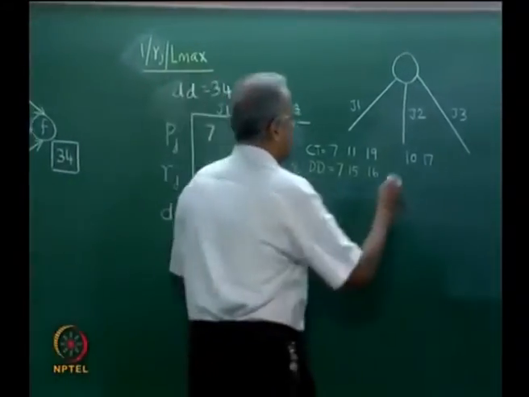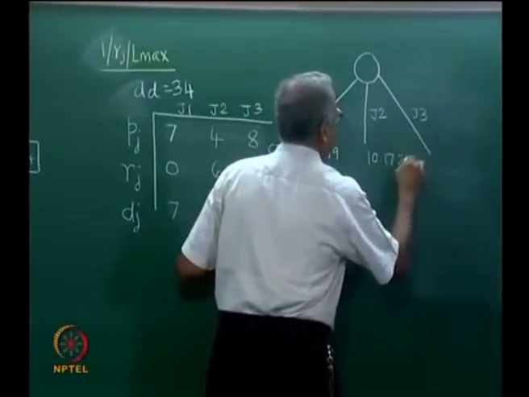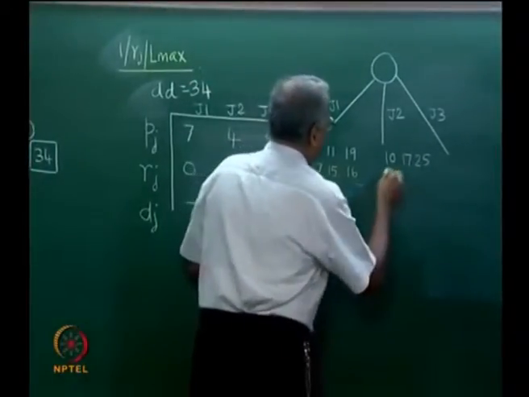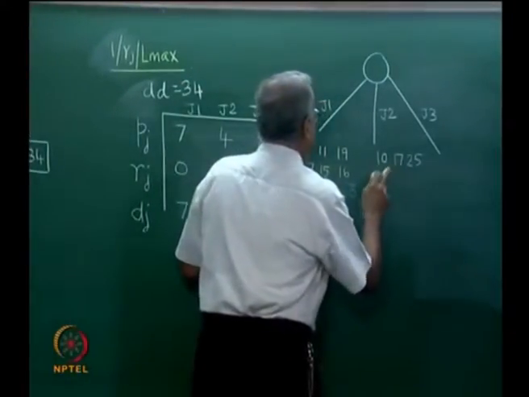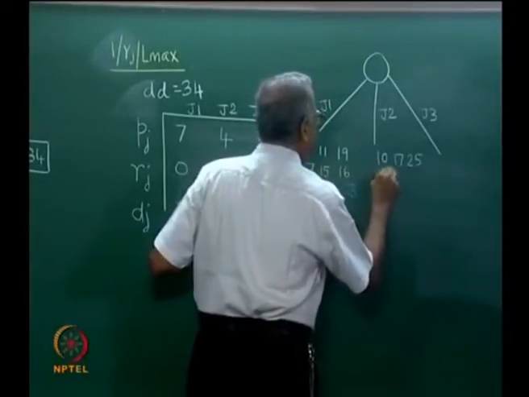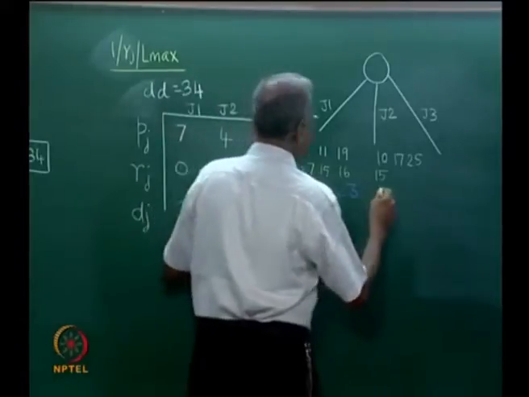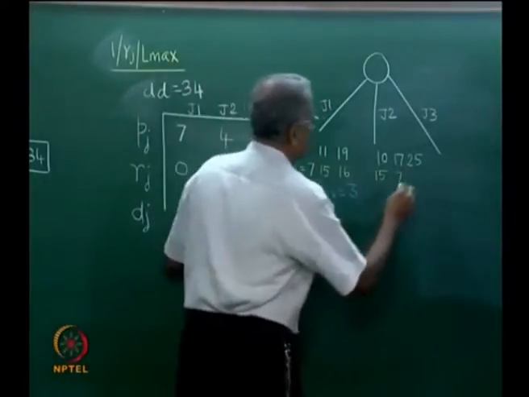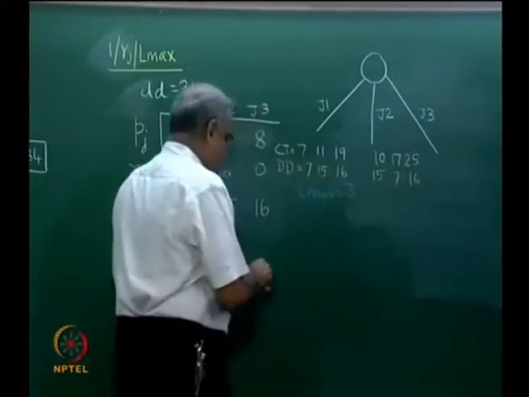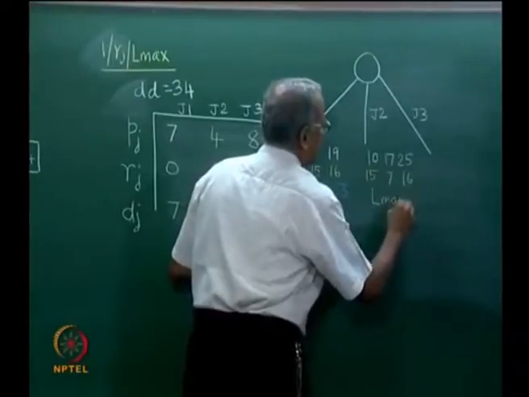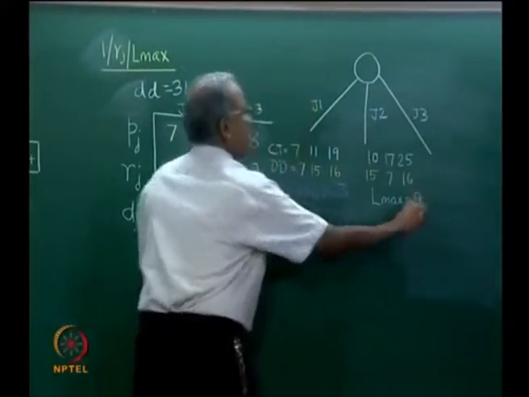So J3 will take 17 plus 8 25. Now the due dates: for job 2 the due date is 15, for job 1 the due date is 7, and for job 3 the due date is 16. So this gives us a solution with Lmax equal to 9.